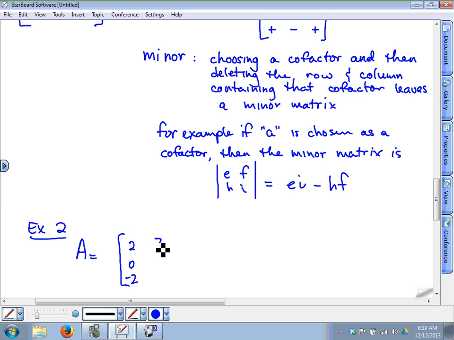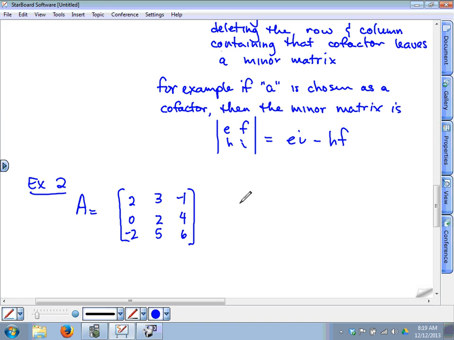Second column is 3, 2, 5. And the last column is -1, 4, 6. The directions are to find the determinant of A.